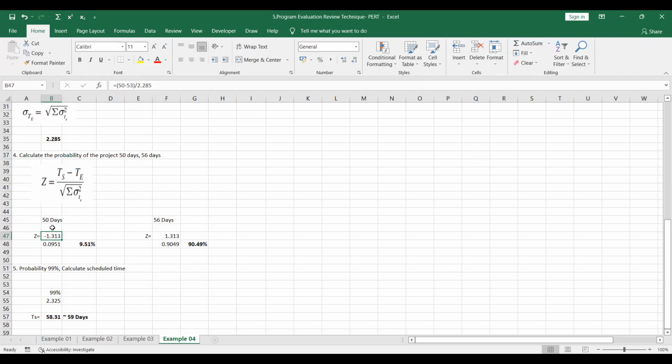After getting that z value, you have to look it up in the z value table. Let me share the screen itself so it would be easier.